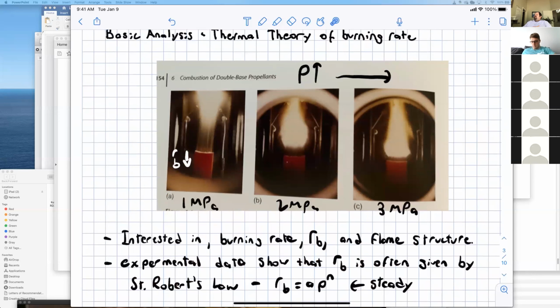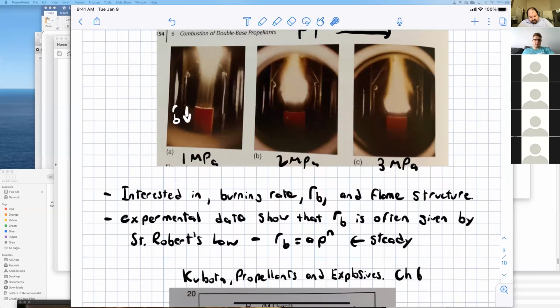What we are after with this thermal theory is to derive the functional form of what's called Saint Robert's law, which states that the burning rate of a homogeneous propellant, and even a composite propellant, also follows this law: a coefficient times pressure raised to some exponent.